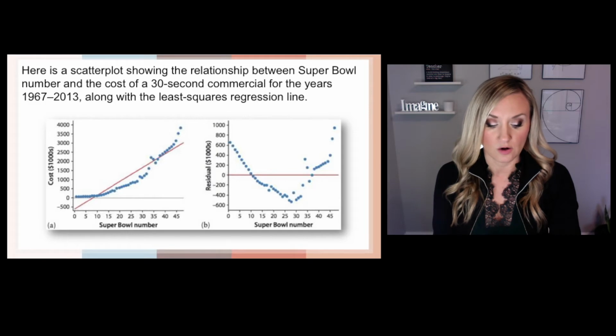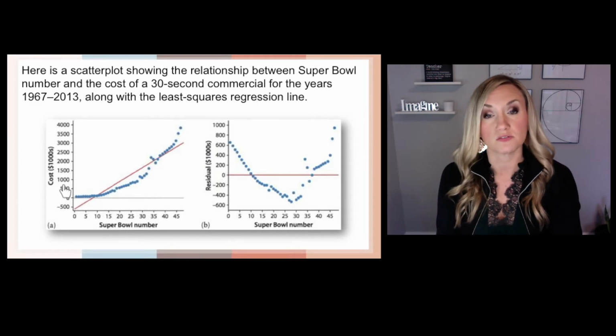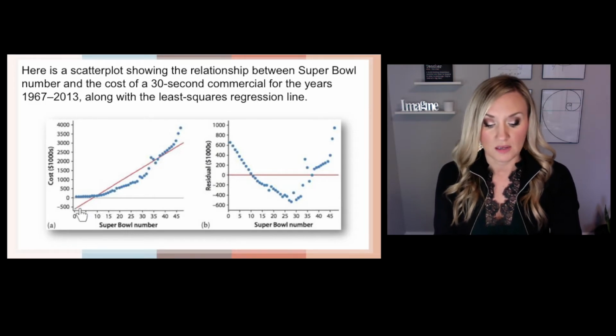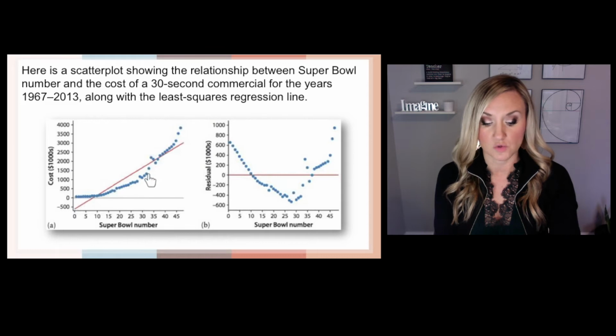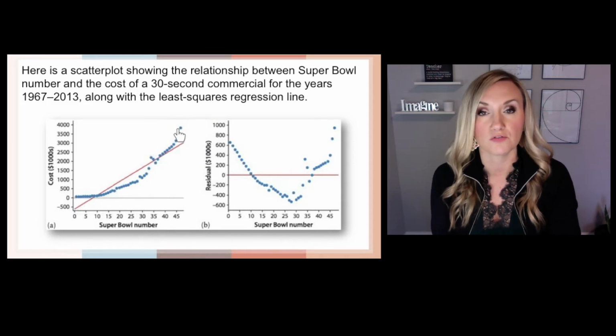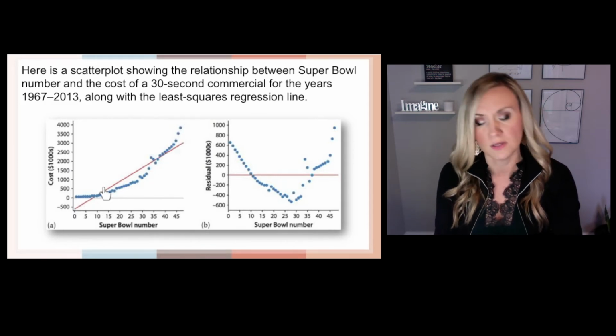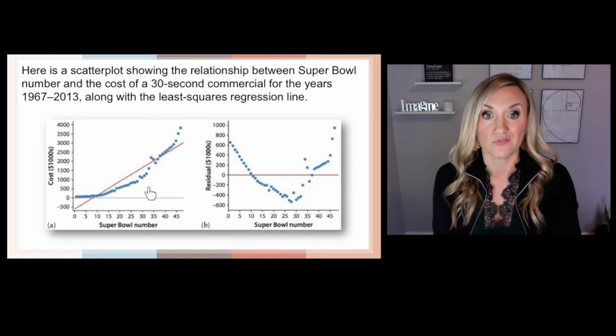On our y-axis, you can see the cost of a 30-second commercial. If you take a look at our data, it looks like it's starting to curve. It appears that in a short amount of time, the amount of money for that commercial gets really high, really fast.